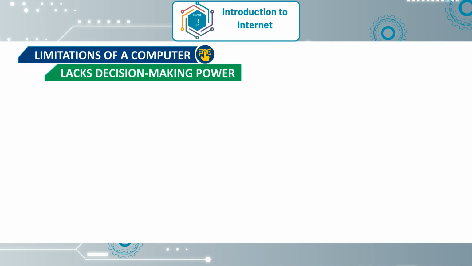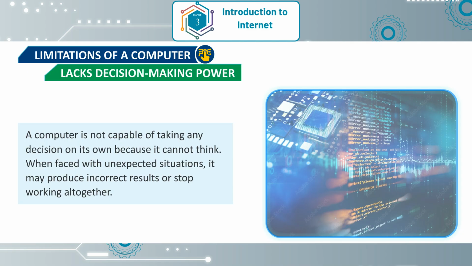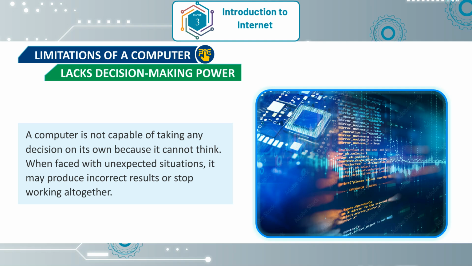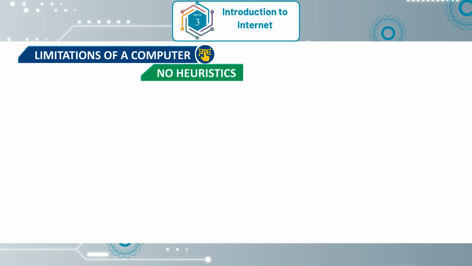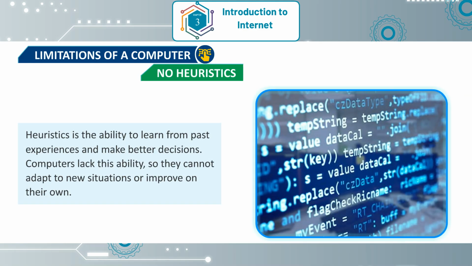Lacks decision-making power. A computer is not capable of taking any decision on its own because it cannot think. When faced with unexpected situations, it may produce incorrect results or stop working altogether. No heuristics. Heuristics is the ability to learn from past experiences and make better decisions.